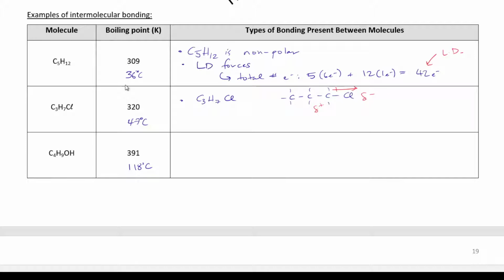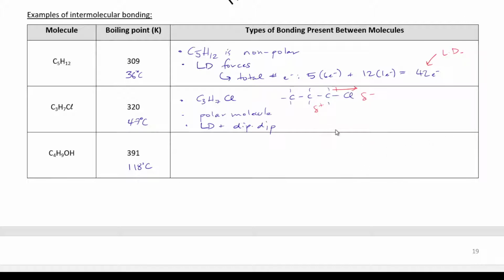So this is a polar molecule, and you end up having both London dispersion forces and dipole-dipole forces. So you have 2 types of forces acting between these molecules, and because of that, the boiling point is higher. It takes more energy to separate these molecules from each other.